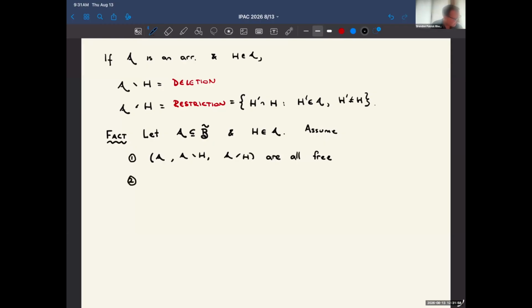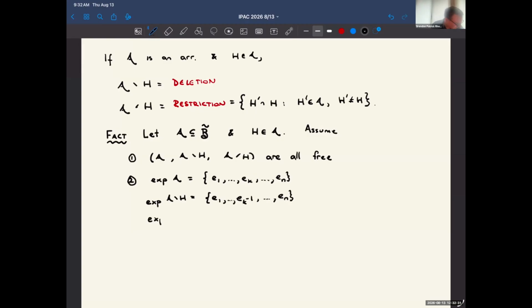And secondly, if I write down the exponents of A, I'm going to get some multiset, and I'm going to single out a certain element of my multiset, EK. If I write the exponents of A with H removed, I have the same multiset, except now the value of EK is reduced by 1.